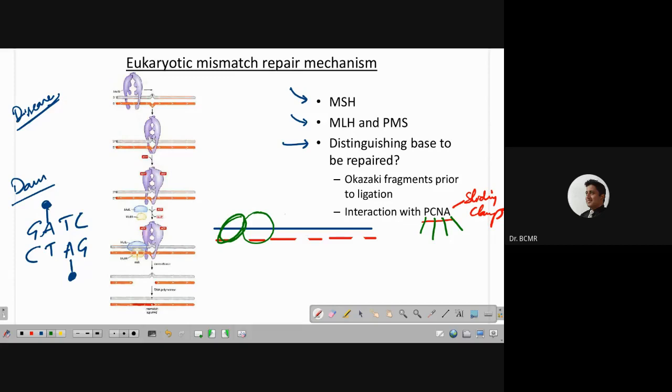So PCNA will have an interaction with the parent strand, right? It's always with the parent strand because that is where the DNA polymerase is. Say, for example, I will try to erase and redraw.